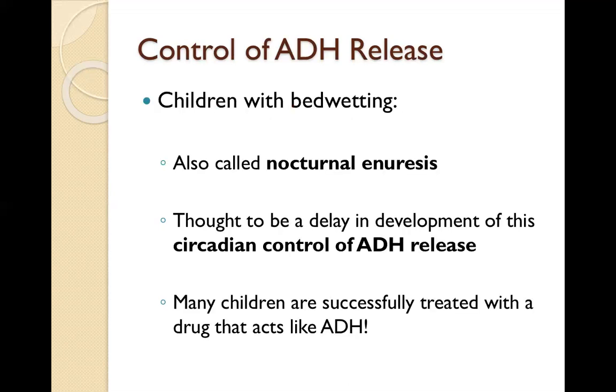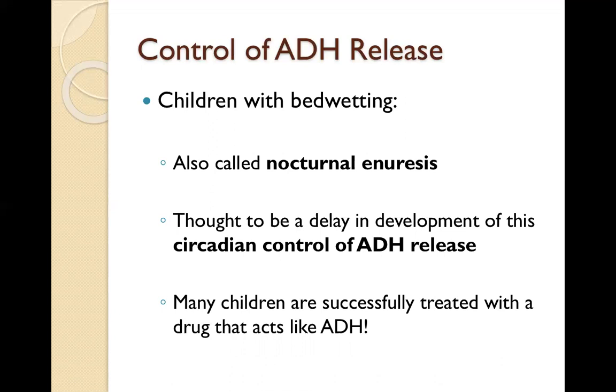In children with bedwetting, a condition called nocturnal enuresis, it is thought to be a delay of the circadian control of antidiuretic hormone release. And so you can imagine that if there's not more antidiuretic hormone being released at night in order to produce less urine in children, they're going to produce more urine in the middle of the night, and they're going to be at higher risk of bedwetting.